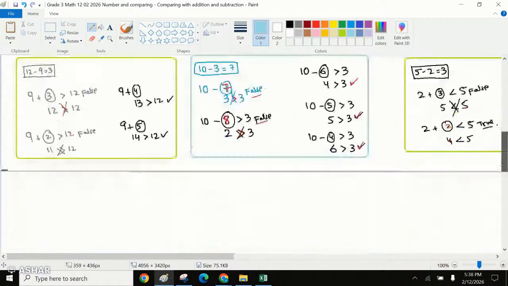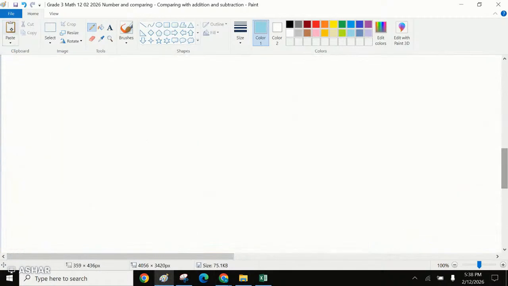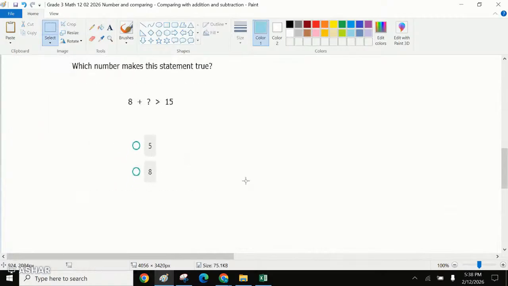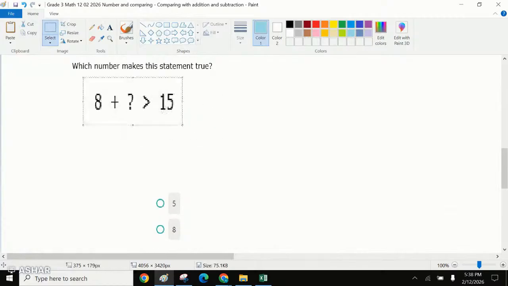The first question from the test states that, okay, which statement makes it true? This is our question number 1 from the test. Option number A or option number B? I'm quickly writing option A, option B. Let me copy the next one.